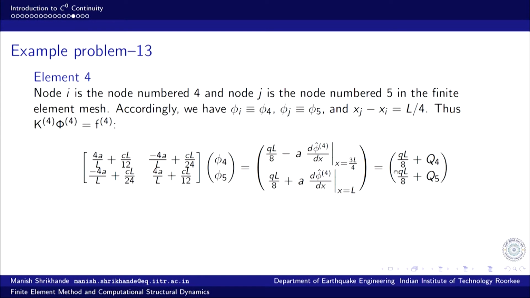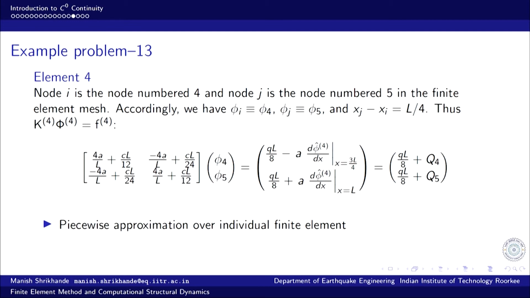This is where q L by 8 comes from: L by 4 by 2, so q L by 4, half of that. So, that is q L by 8, which comes from the distributed tractions, and this is from the secondary variable, the boundary term associated with the weak form of the domain residual.